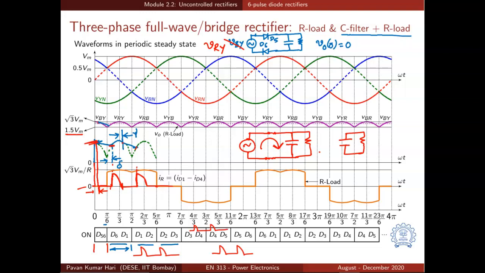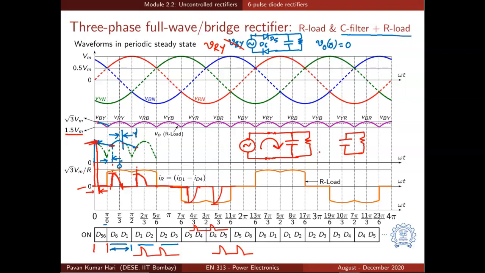So that will be reflected as negative current on the source side. So it will have this kind of shape. So the source current will again have 0 average value, but this kind of 2 peaks in the positive half and 2 peaks in the negative half will be present.